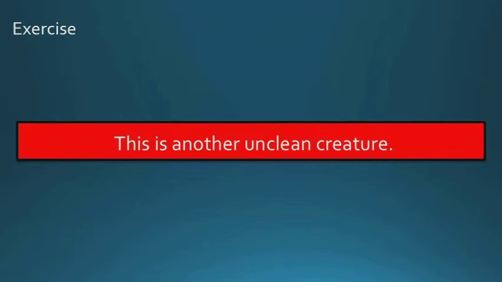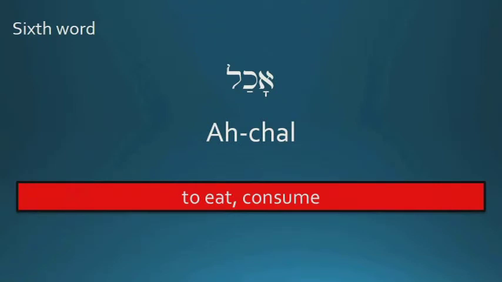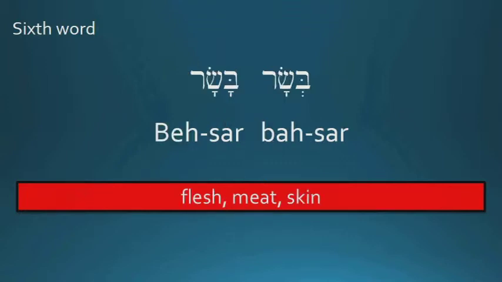But by the consumption of these, remember the word that we had back a while ago is that the word akal is to eat, consume, chew on, eat it up. And then they're eating the meat, the basar, they're eating the food. And that stuff is consisting of these three abominable things.